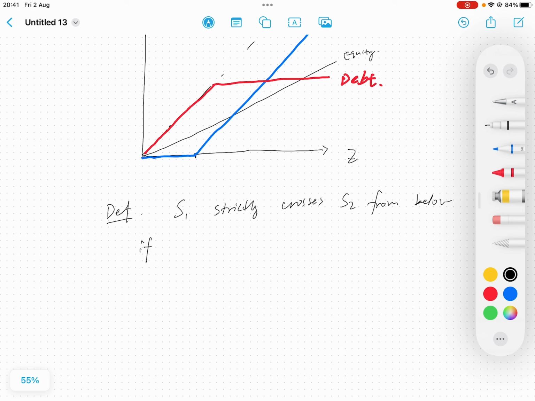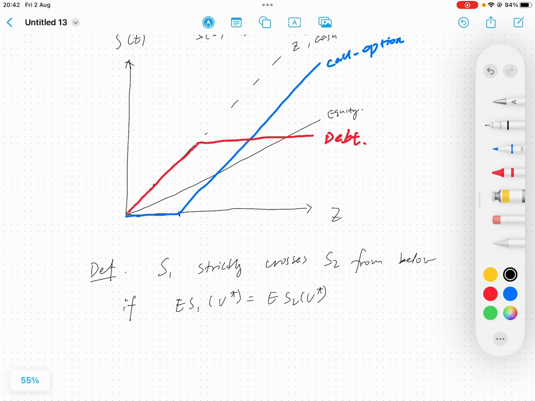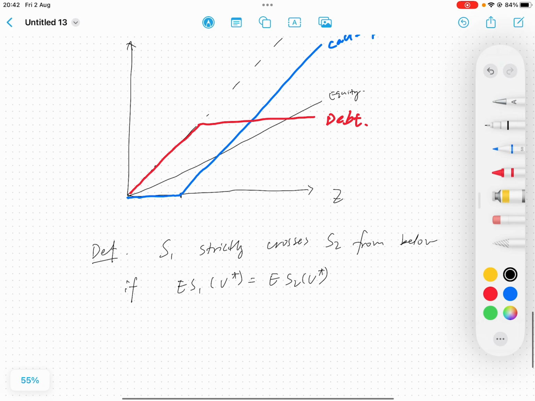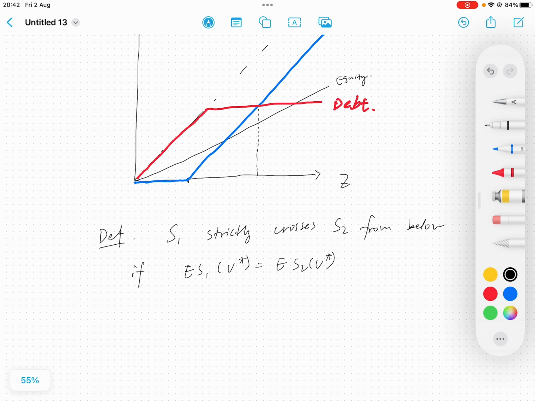That happens if E[S1(V*)] equals E[S2(V*)], so they have the same value at some V*, let's say somewhere here if we're comparing the debt and call option, and this implies E[S1'(V*)] is bigger than E[S2'(V*)].